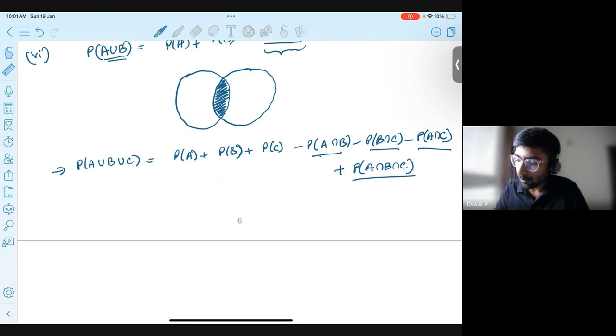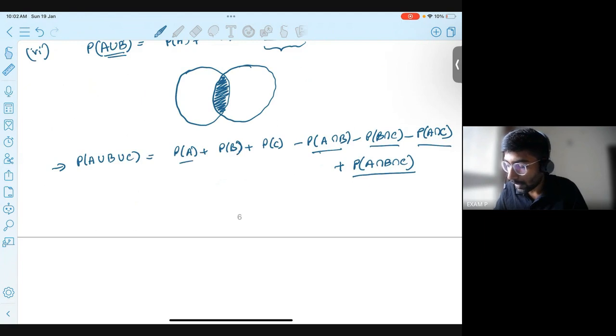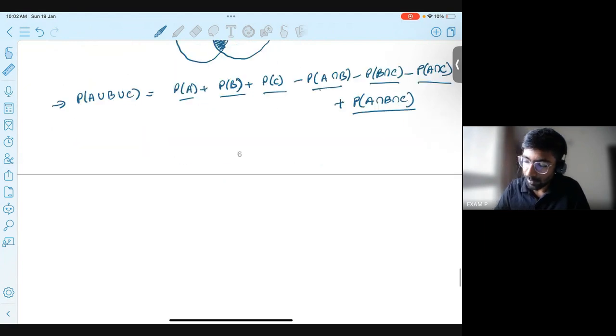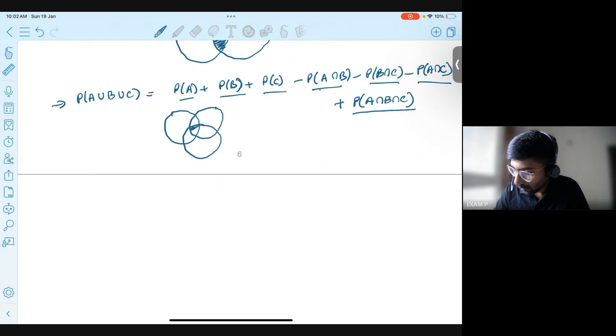How? Think about it. When you had A, B, and C, let me make this small diagram for you. Only think about this common part, okay? This is a common part between all the three, right? Only this part is common.